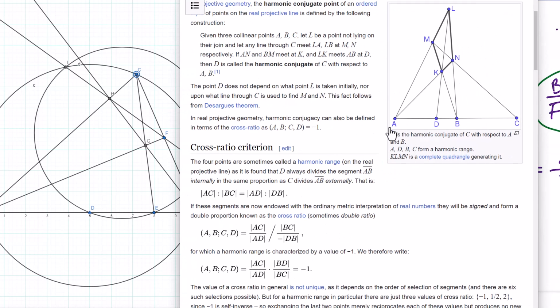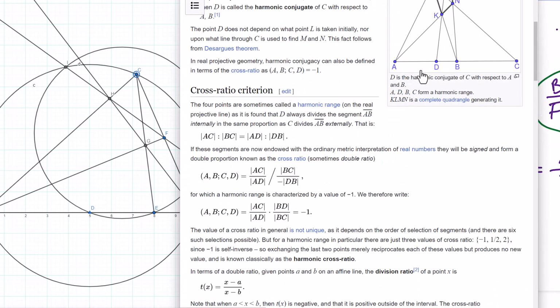Okay. So you have, for example, four points on the segment. And what we have is AC over CB equal to AD over DB. So you basically just switch AD and BC here.